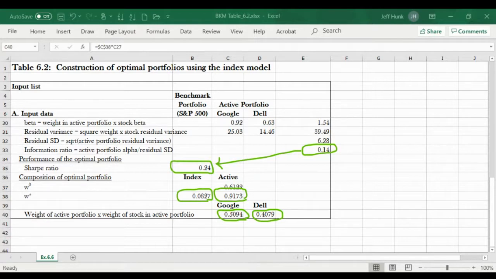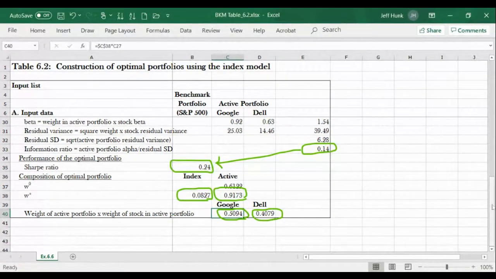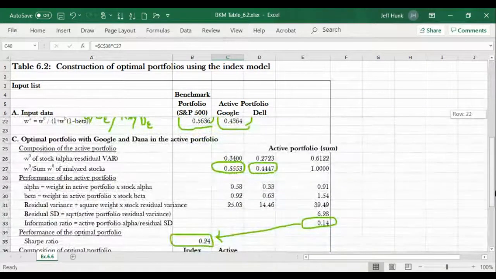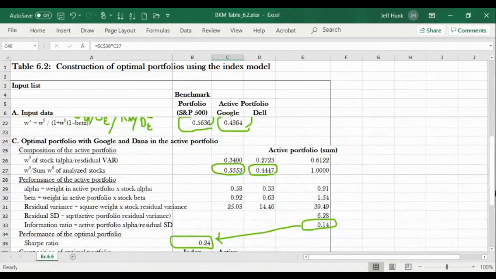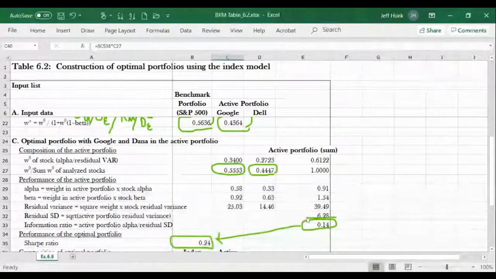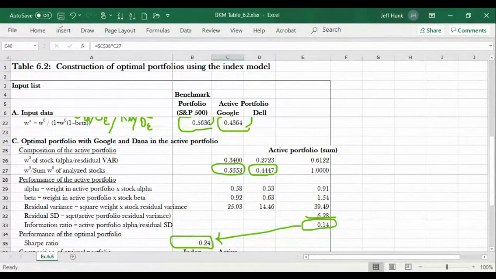Because you can remember, Google and Dell by themselves, their standard deviations were like 11.39 and 10.49 from specific risk, but when you combine them, the standard deviation of the active portfolio drops drastically.